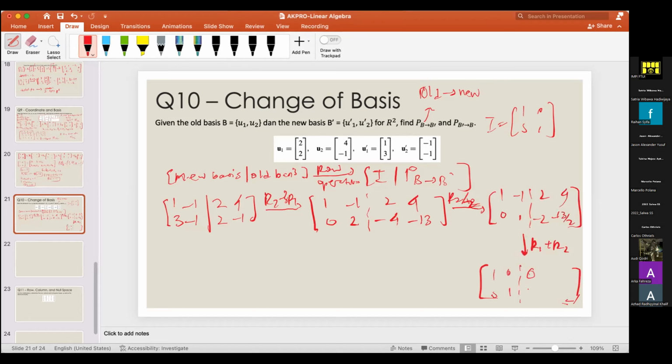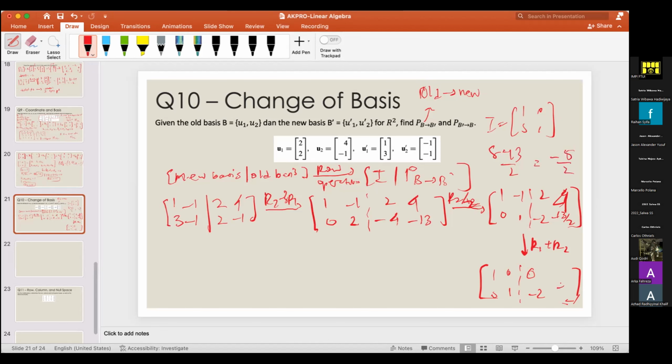So this is 0, -2. This is 4, sorry, 4. Yep, this is 4. Minus 13 over 2. That would be 8 minus 13 over 2, that would be negative 5 over 2.